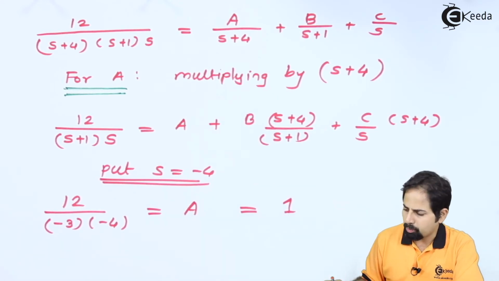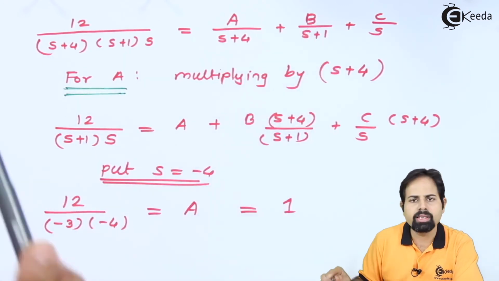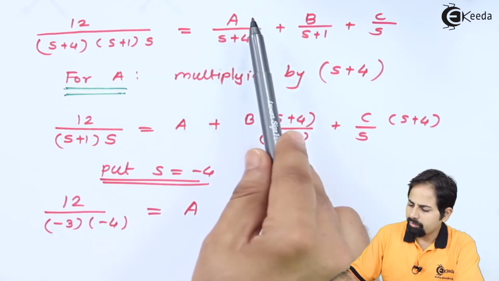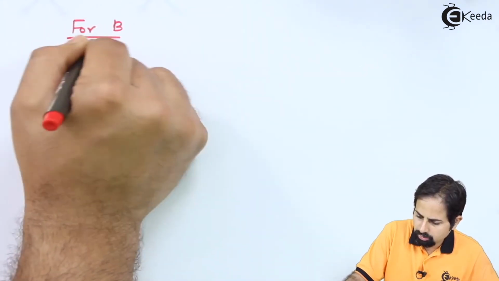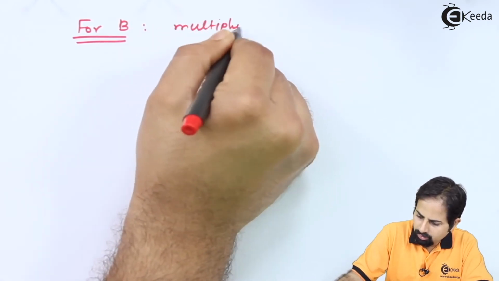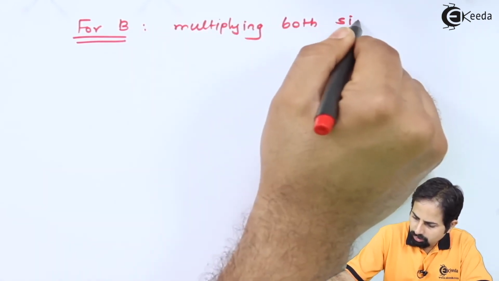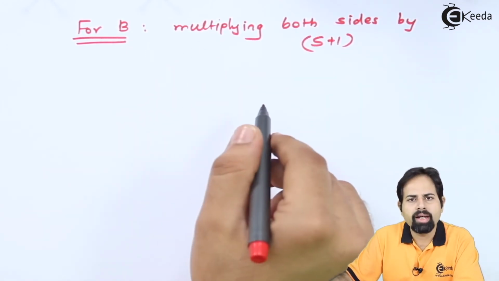By applying a similar process, for example, if we have to get b, then we will multiply both sides by s plus 1, and then we will substitute s equal to minus 1. So let's get b. So for b, we will be multiplying both sides by s plus 1.